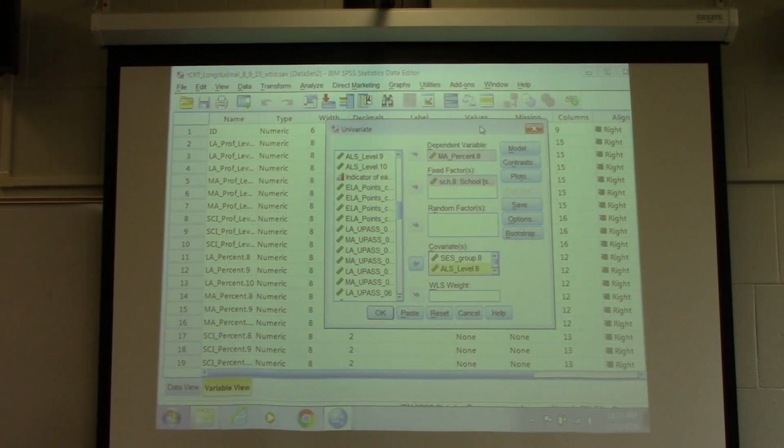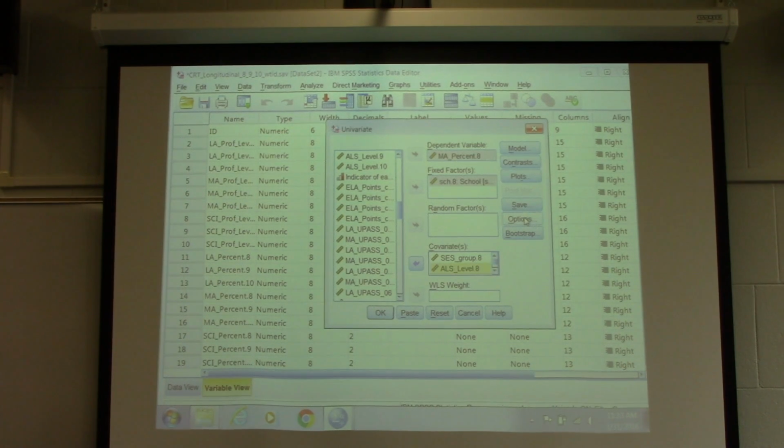And basically I'm asking the question again, in this one particular year, I'm looking at the percentage correct on the end of year math test, and I want to know, are there differences in those math scores between these two schools after controlling for free reduced lunch, English proficiency, and disability/special education.